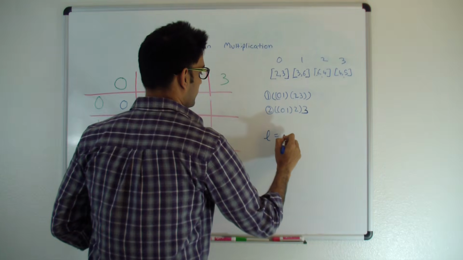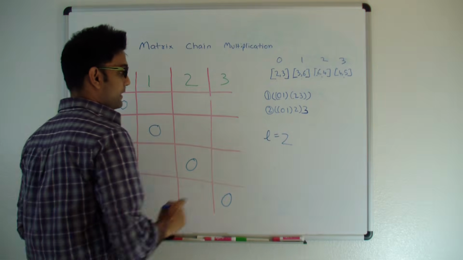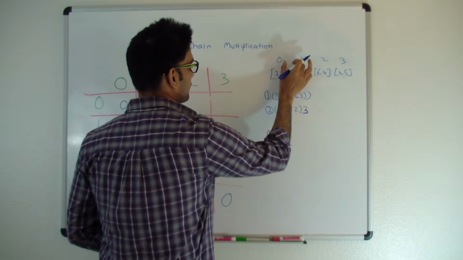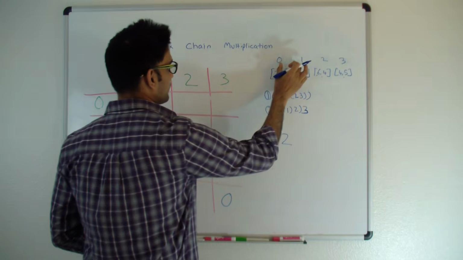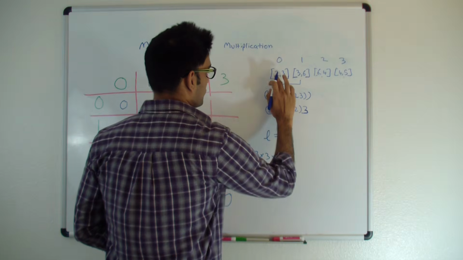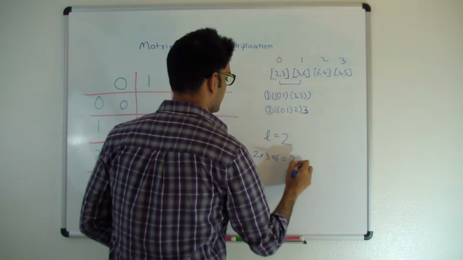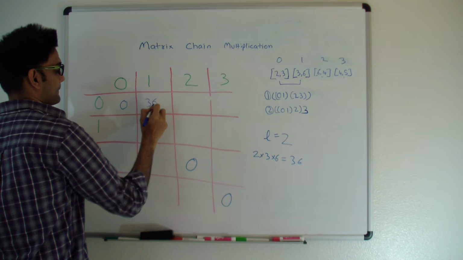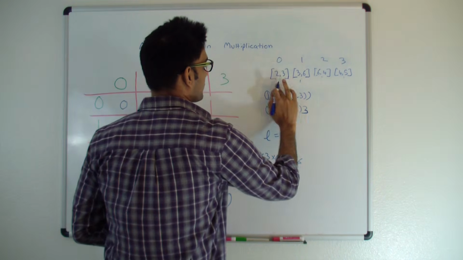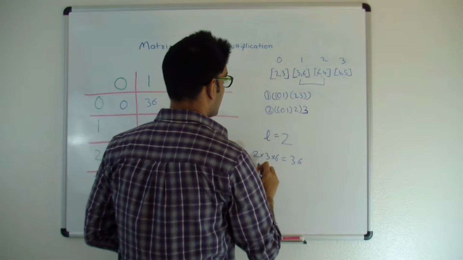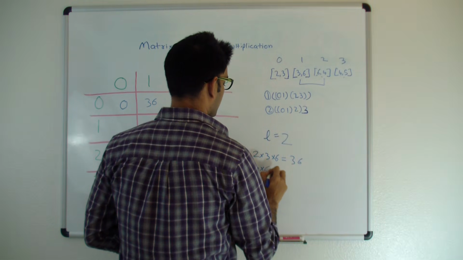Let's look at length 2. When I'm looking at length 2, first I'm trying to multiply 0 with 1. So the cost of multiplying 0 with 1 is 2 into 3 into 6, so that's 36. So 0 to 1 is 36. Let's look at 1 to 2. The cost of multiplying 1 to 2 is 3 into 6 into 4.